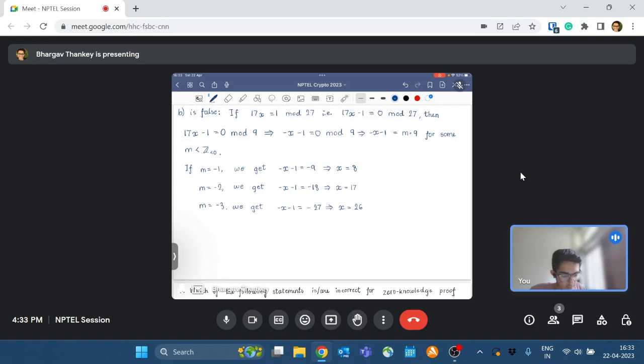Now for m equals minus 4, we would get a number larger than 27, so that number won't be in Z27.